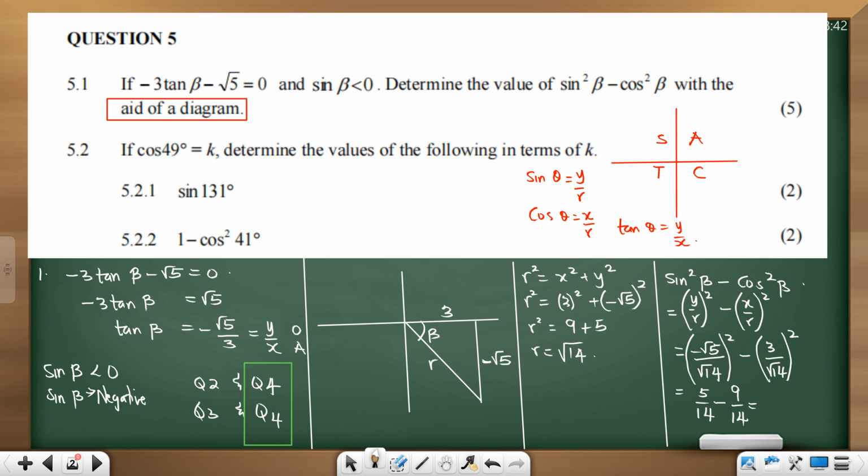You can use your calculator to confirm. 5 minus 9, negative 4 over 14, which is negative 2 over 7. Did anybody get negative 2 over 7? Okay, negative 2 over 7.